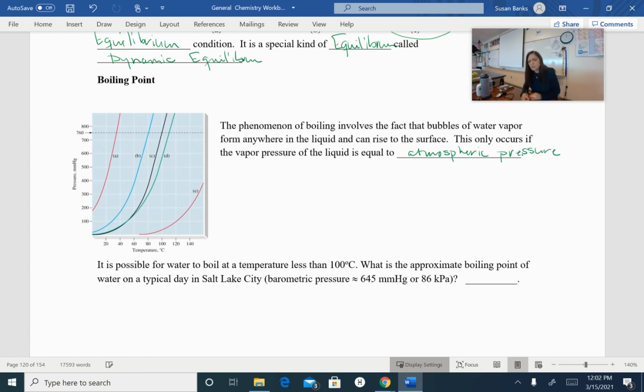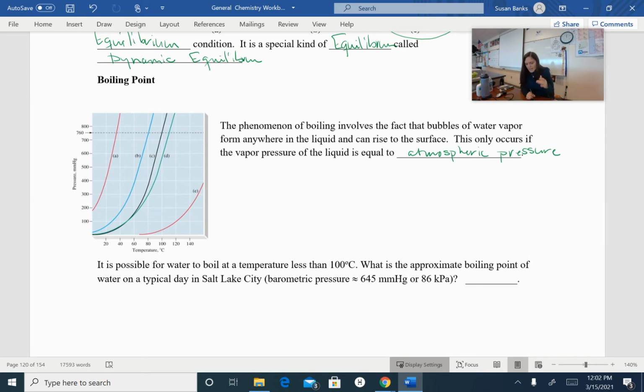So the pressure of the molecules from the liquid going to the vapor state, pushing up out of that liquid, has to equal the pressure of all the atmosphere pushing down on it. Only when the vapor pressure equals the atmospheric pressure can that liquid actually boil.